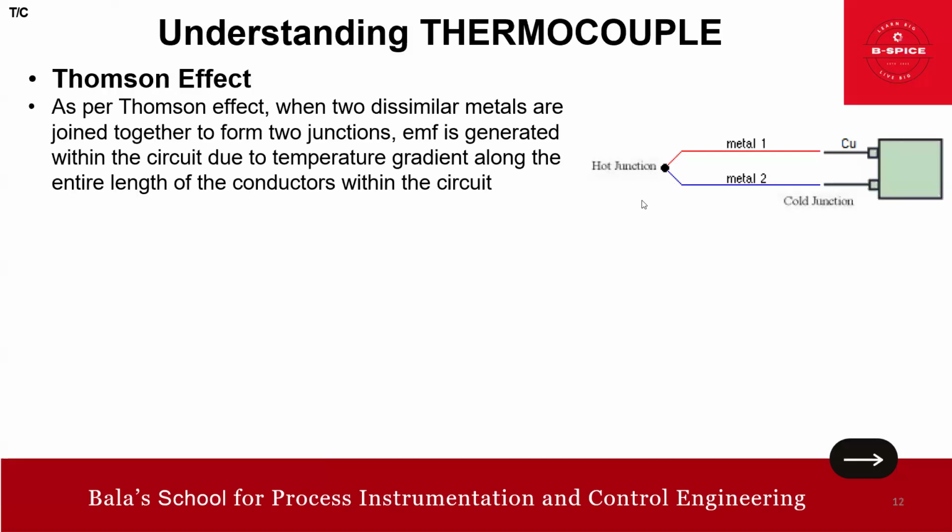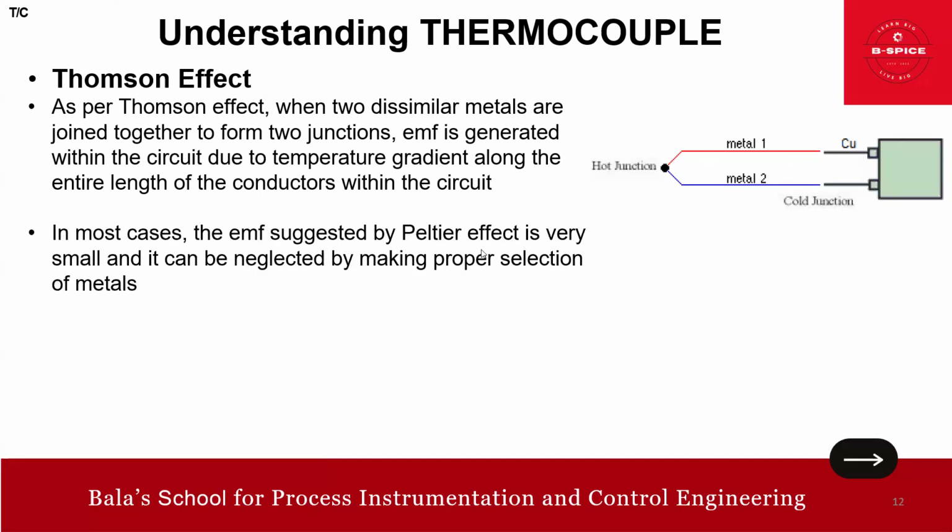But whereas here, the Thomson effect, when two dissimilar metals are joined together to form a junction, EMF is generated within the circuit due to a temperature gradient, but along the entire length of the conductor within the circuit. So that is the point. So in most cases, the EMF suggested by the Peltier effect is only here, very small, and can be neglected by making a proper selection of metal.